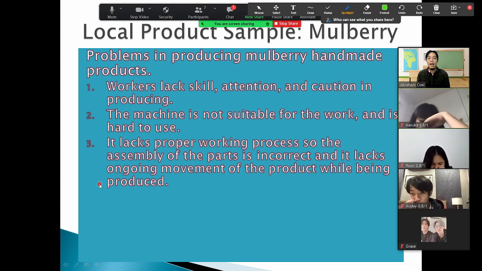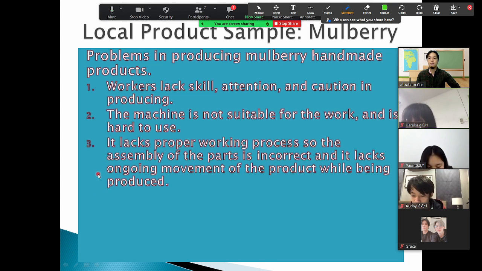And again, it lacks ongoing movement of the product while being produced. So this is a problem on the floor plan, the arrangement in the factory. So this can involve land.